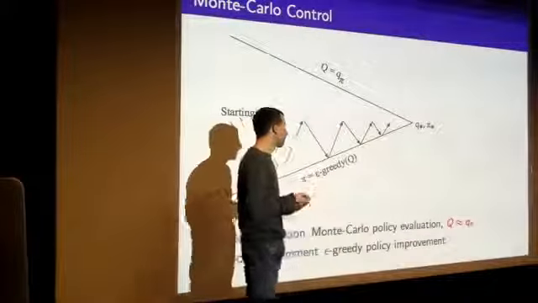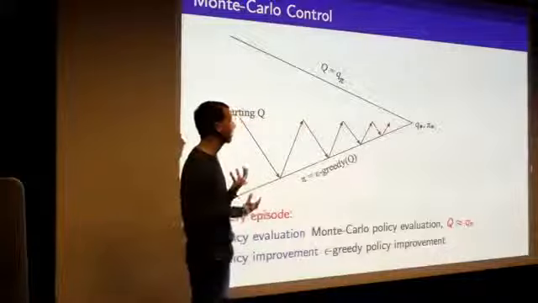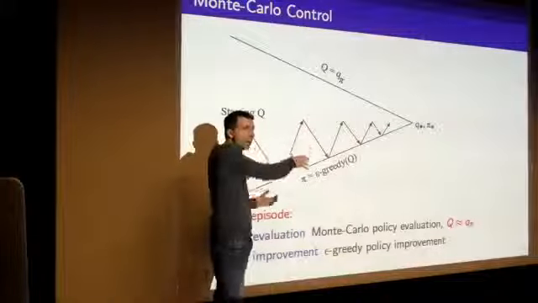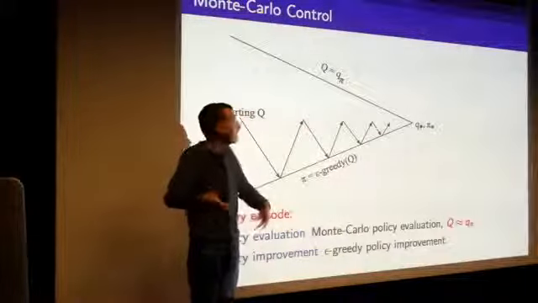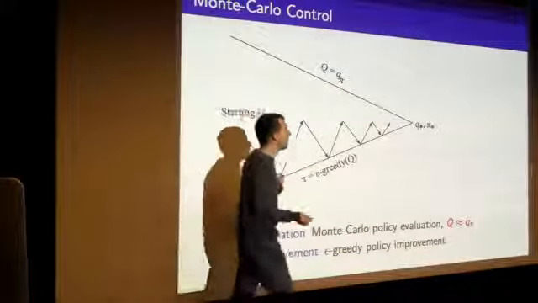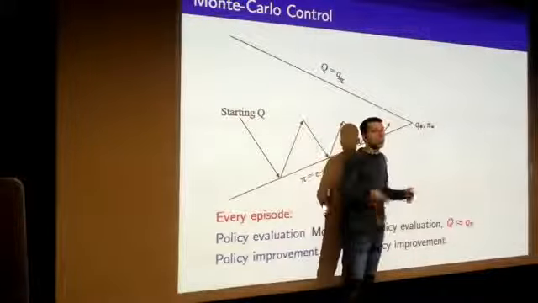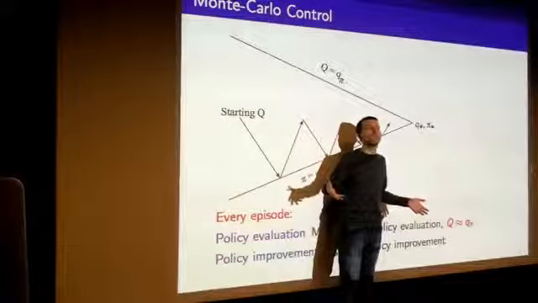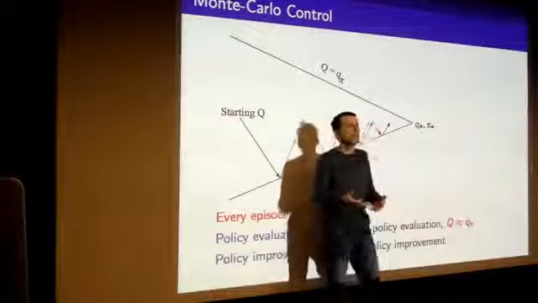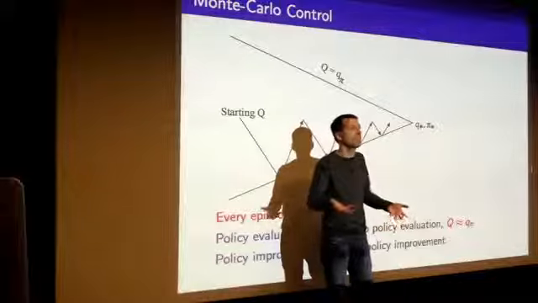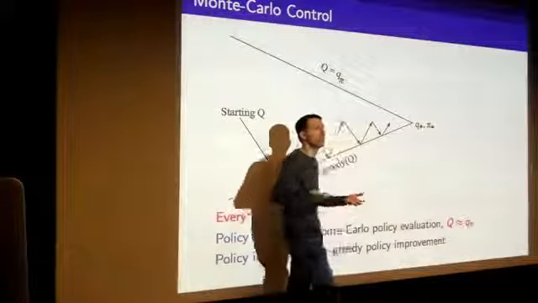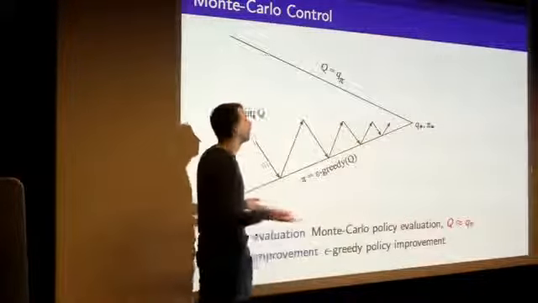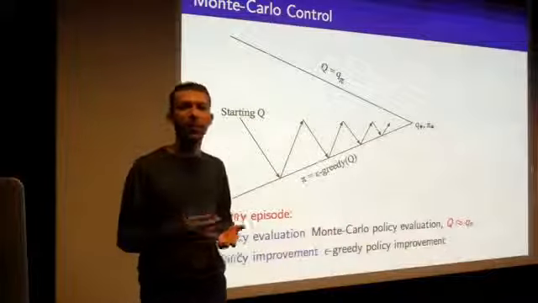So to do that, we have to balance two different things. We need to make sure that we continue exploring so that we don't exclude things which are better, but we also want to make sure that asymptotically we get to a policy where we're not exploring at all anymore, because we want the best possible policy, and the best possible policy will not include this random behavior. That is extremely unlikely to be optimal. So how do we balance those two factors?